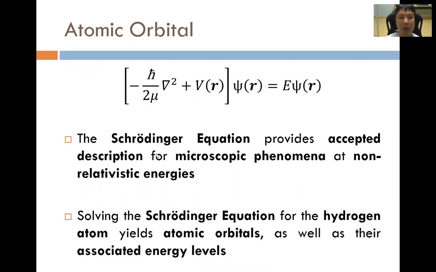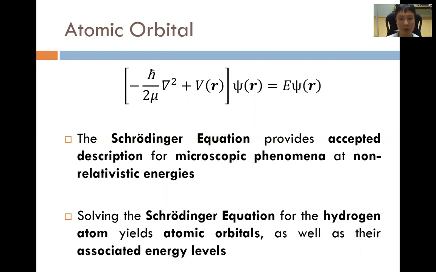And Erwin Schrödinger, a famous Austrian scientist, discovered this equation, whereby if you solve the equation for any given microscopic system, you would describe the electrons, the protons, and neutrons, or whatever small particles at non-relativistic energies. Basically, when the speed of the particles is not close to the speed of light.